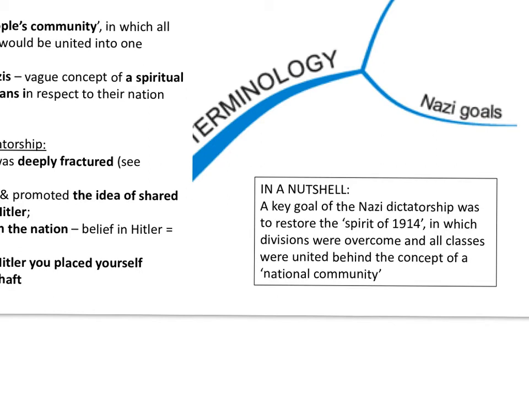Germany in the Weimar era became very divided again, with all those social divisions opening up, even worse in many ways. Hitler's view was that the role of the Nazi party was to bring the country back together again. And it's no coincidence that what brought the country together in 1914 was war.